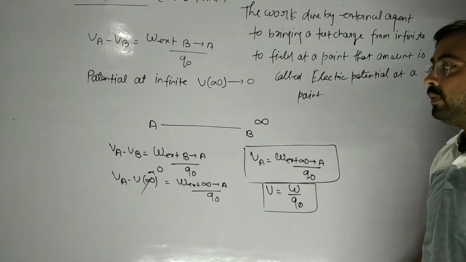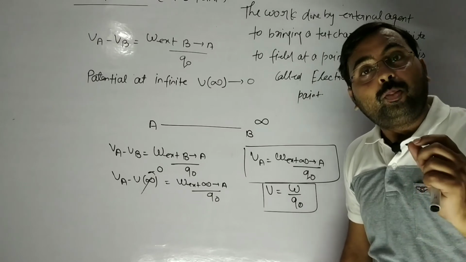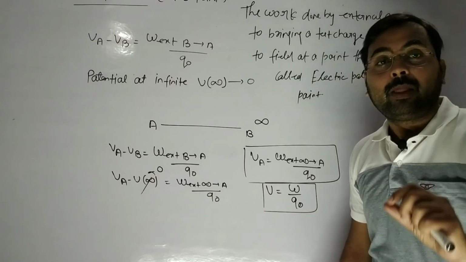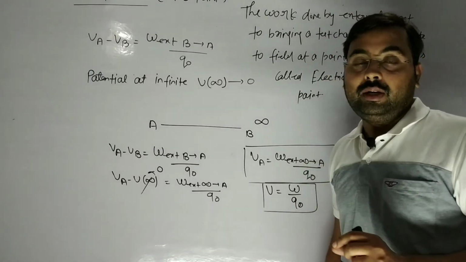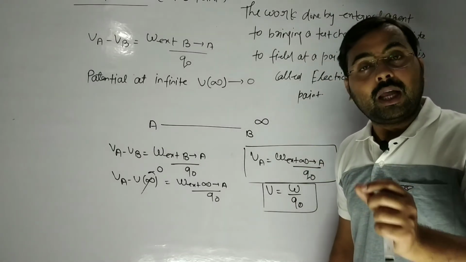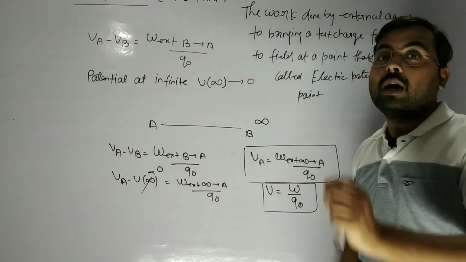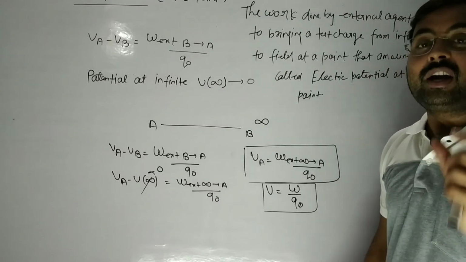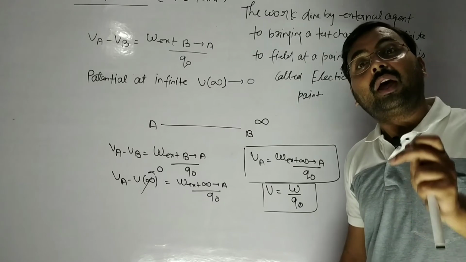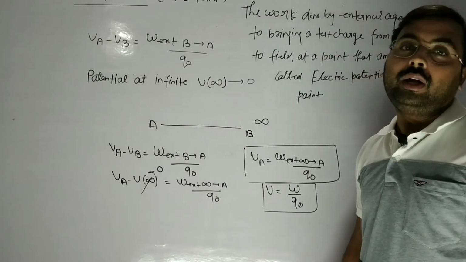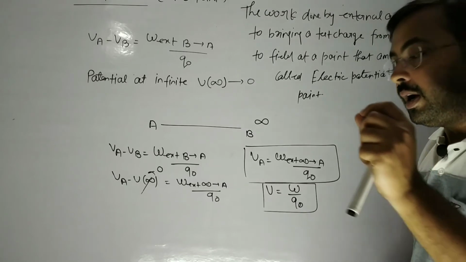You understand? The work done by an external agent in bringing a test charge from infinity to a point in the field, that amount is known as electric potential at a point.